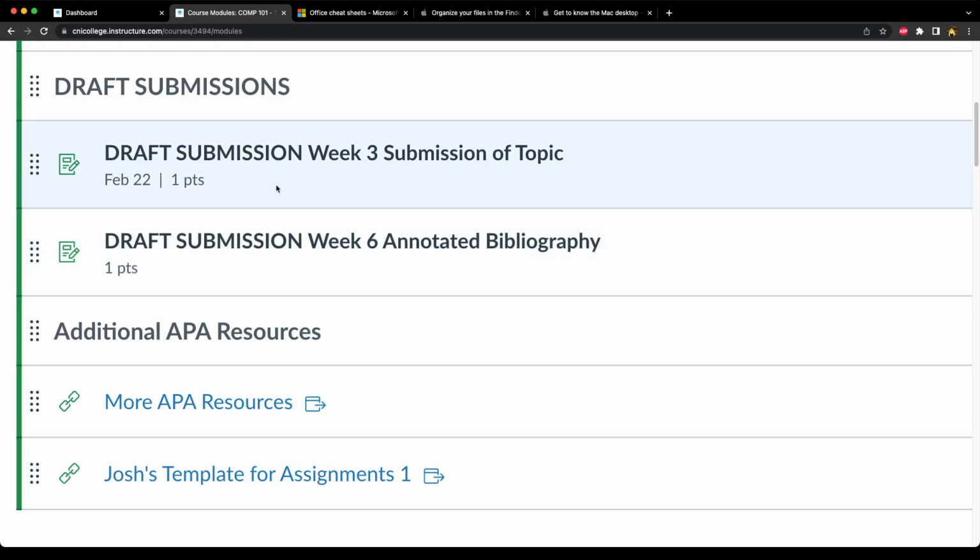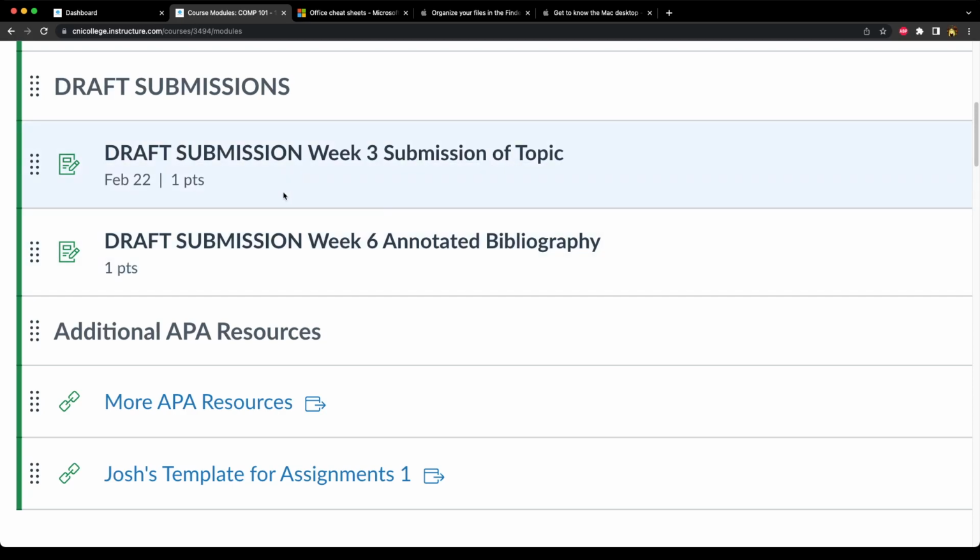Preferably submit it through here, but if you email it to me, that's okay. The only issue with that is that I can't provide you feedback like I could through here, because through here I can highlight things. I can use a red marker to show you where you made mistakes. I can strike through things to tell you to delete stuff.